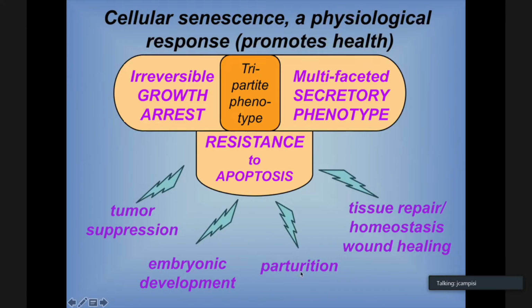So in mice, the secretory phenotype dictates when labor will occur. In humans, there's no cause and effect experiments, but for sure, women who undergo early labor will undergo an early wave of senescence. This is in the placenta. And likewise, women who undergo late labor have a late wave. And of course, we now know, certainly in mice and other organisms, that this secretory phenotype is very important for optimizing tissue repair and wound healing.